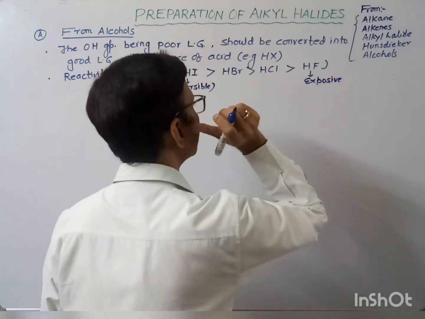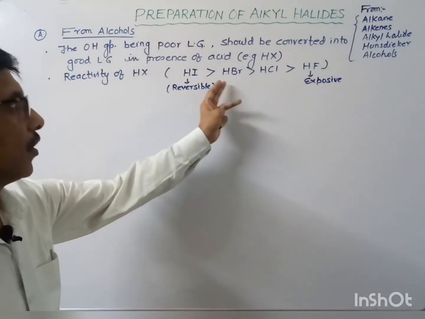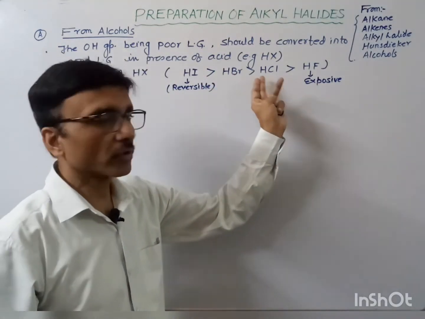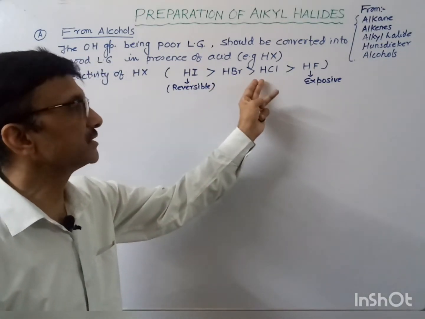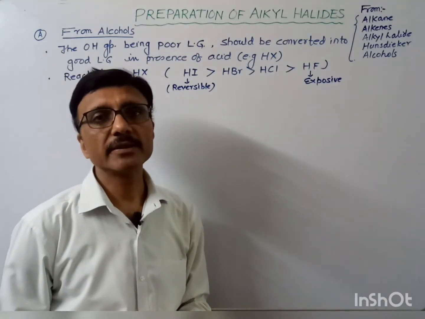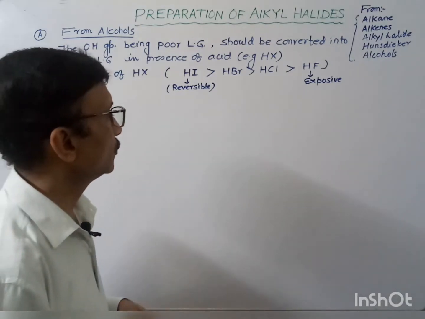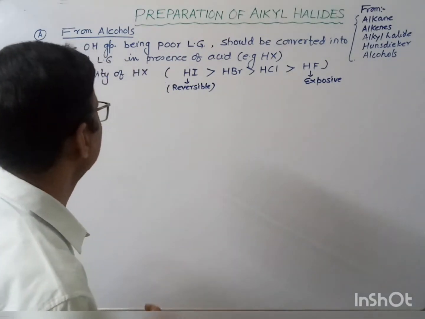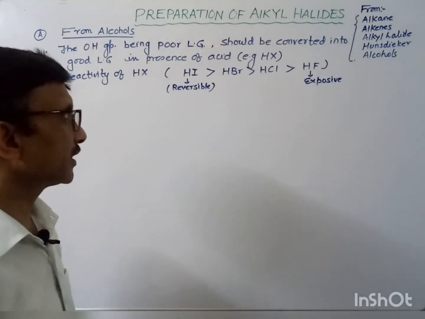So overall, the best acid that we may use is HBr. HCl is comparatively weak, so when we use HCl we may use some catalyst to increase the rate of reaction. So this is the reactivity order for the hydrogen halides.